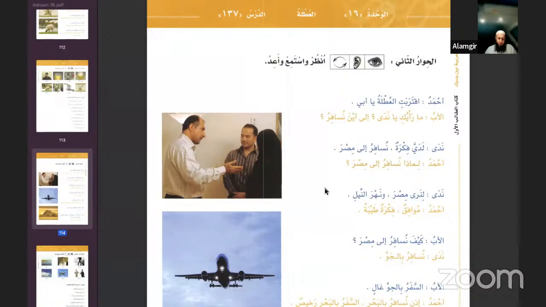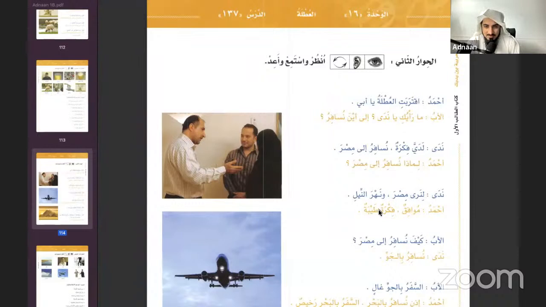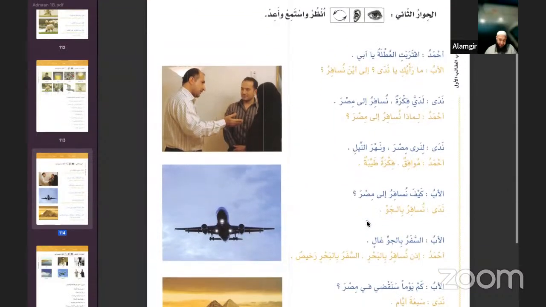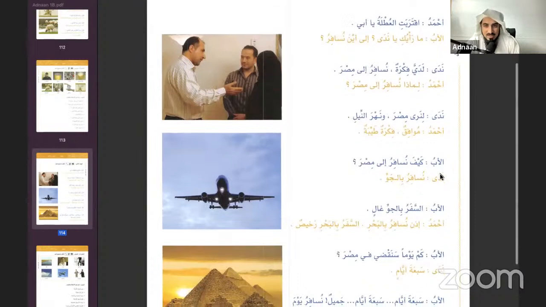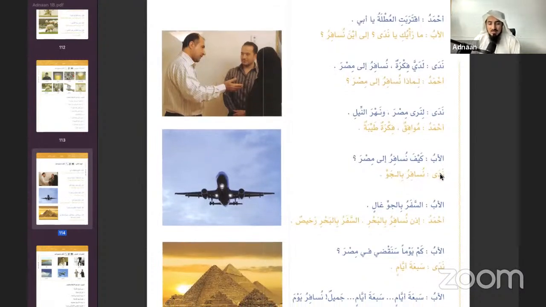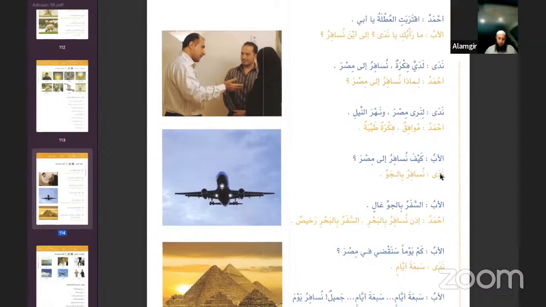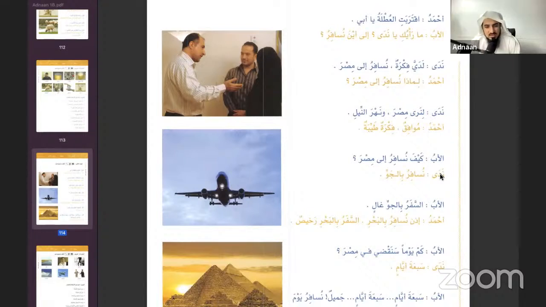موافق. فكرة طيبة. Agreed. It's a good idea. موافق is agreed. كيف نسافر إلى مصر؟ How are we going to travel to Egypt? نسافر بالجو. We travel by air. أحسنت. السفر بالجو غال.